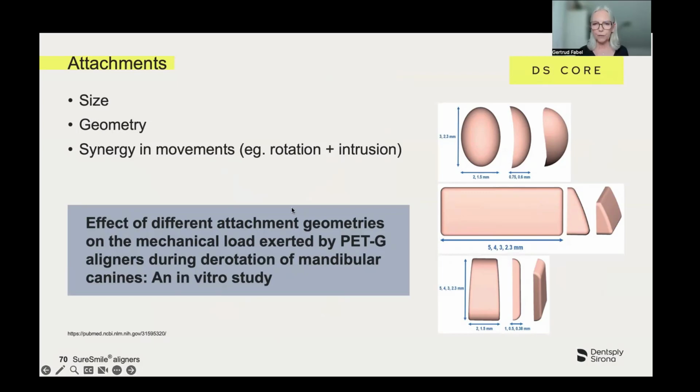The effect of different attachment geometries is also already part of research, and it very much depends on how the attachments are fixed, and also the size of the attachment. So in SureSmile cases, they are oval, rectangular and rectangular beveled.